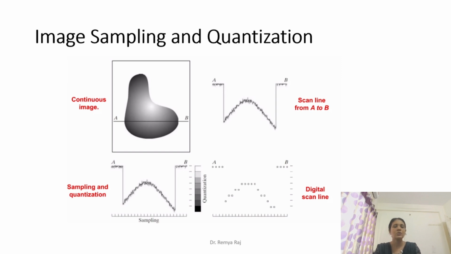When you plot it, you will get a curve like this, ranging from A to B, with a bulge in the middle region, as shown here. You can also see some random variations in this figure, which are due to noise. You can eliminate that.